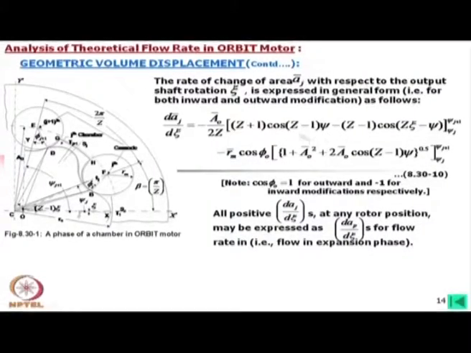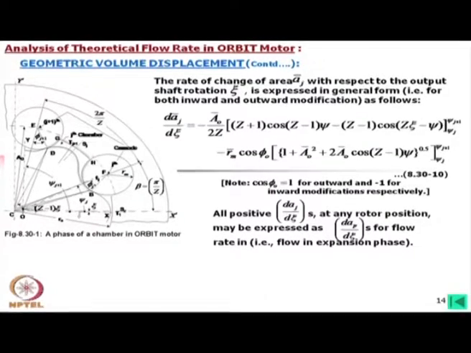Suppose at an instant we find chamber 1, chamber 2 and chamber 3 in the positive value. So, we will put this together, that is in expansion mode, and whenever we get a minus value, we will put that separately and treat it as compression mode.